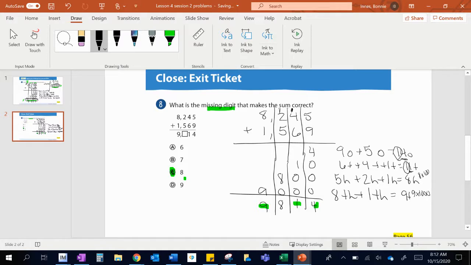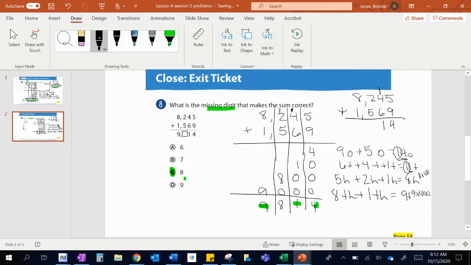If I wanted to check doing the standard algorithm, I would set it up 8,245 plus 1,569. 9 plus 5 is 14. Regroup that 1. 6 plus 4 is 10 plus 1.